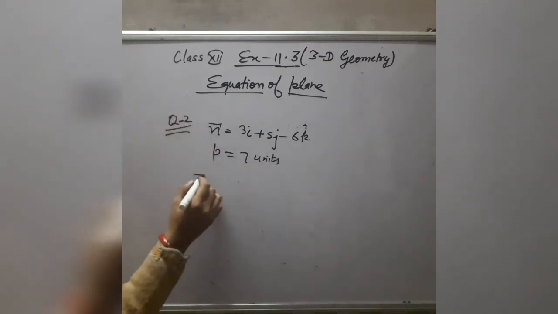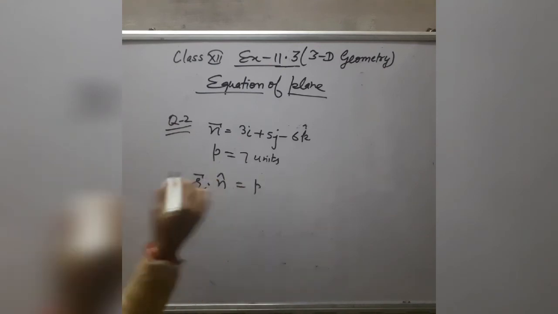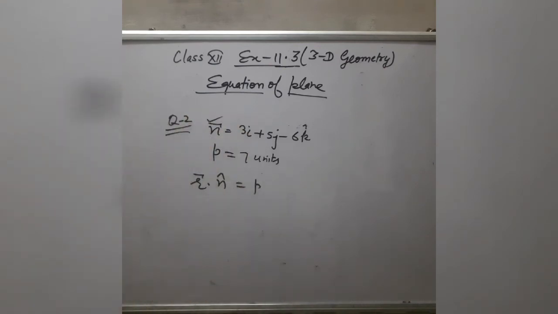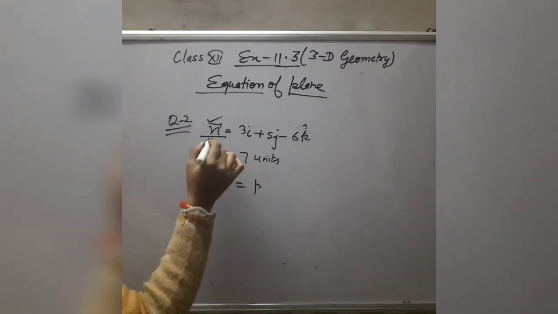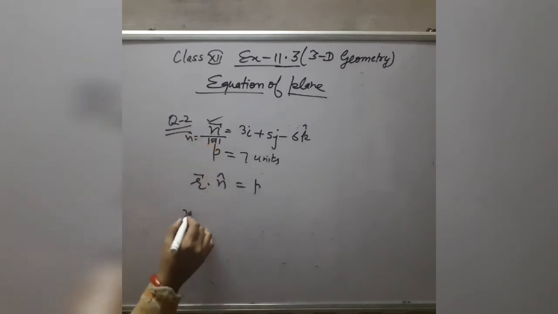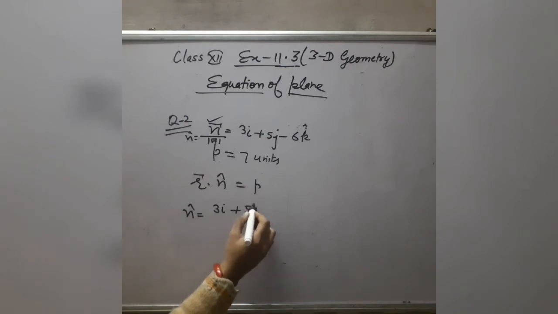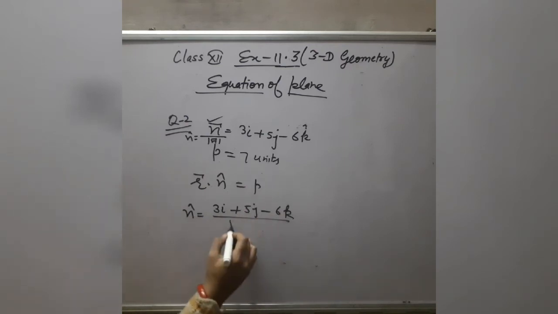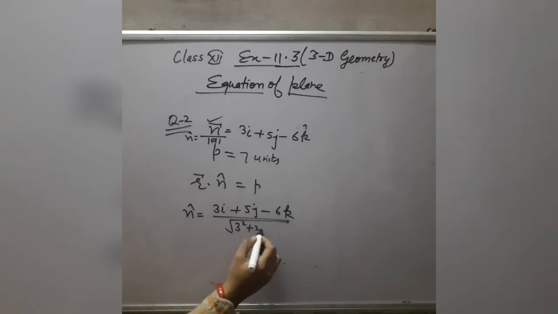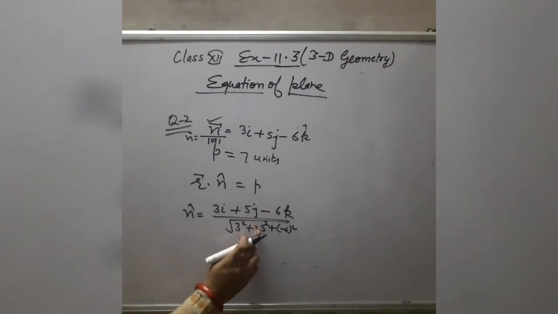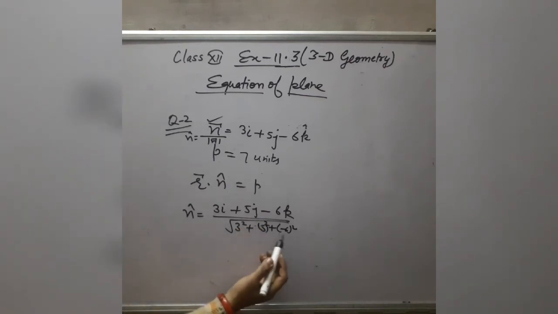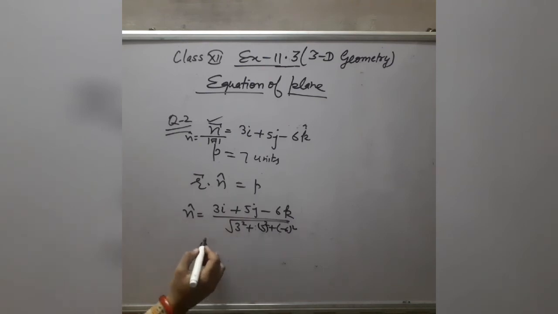The equation of the plane is r dot n cap is equal to p. Here this normal vector is not a unit vector, so firstly divide this vector by its magnitude, then it becomes a unit vector. So what will be the unit normal vector? This is equal to 3i + 5j - 6k divided by the magnitude, which is root of 3 square + 5 square + (-6) square, equals root of 36 + 25 + 9, this is root 70.